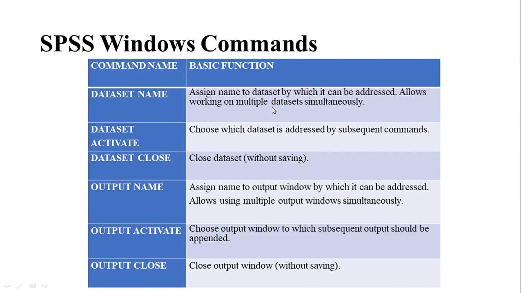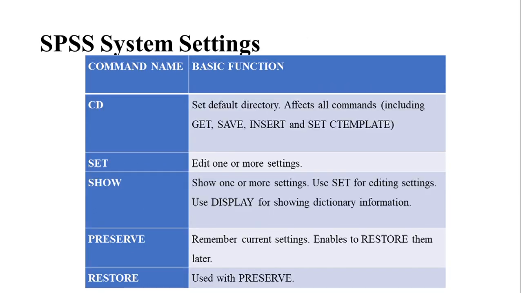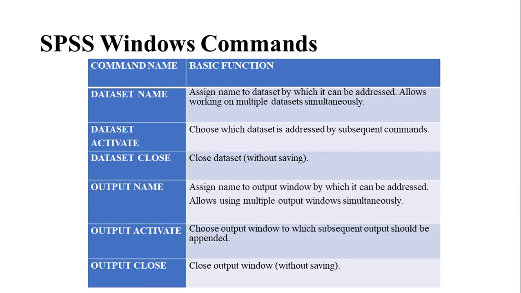The next commands that we have are the system settings. System settings control a myriad of sometimes technical SPSS settings. These settings hold for all open SPSS windows. So as you can see, this is more like a continuation of the previous SPSS Windows commands.